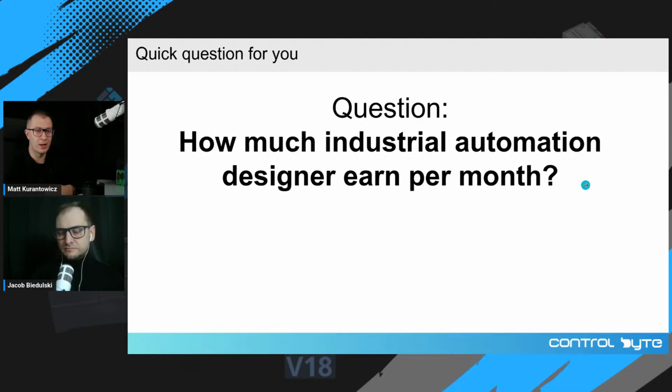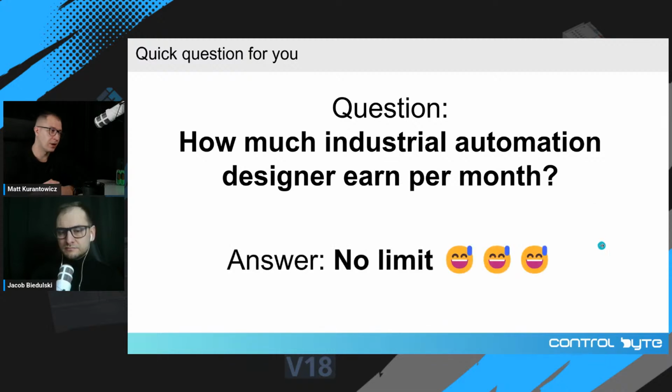But my answer is there is no limit because if you are a specialist, you can scale your work. You can work faster using web tools, AI tools, and you can earn really good money in this branch.